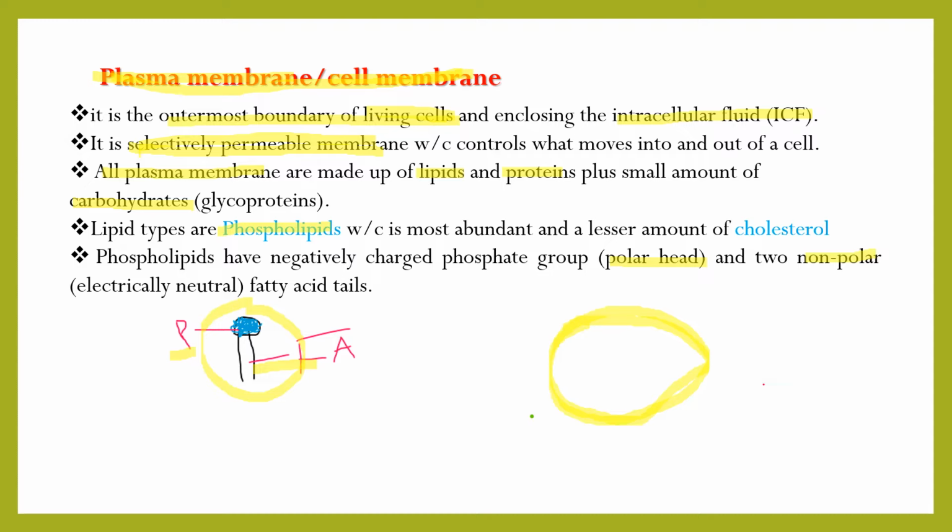Therefore, the lipid types for plasma membrane formation are phospholipid, as well as some amount of cholesterol. So lipid, specifically phospholipid and cholesterol, protein, and a small amount of carbohydrates are used to make all plasma membranes.